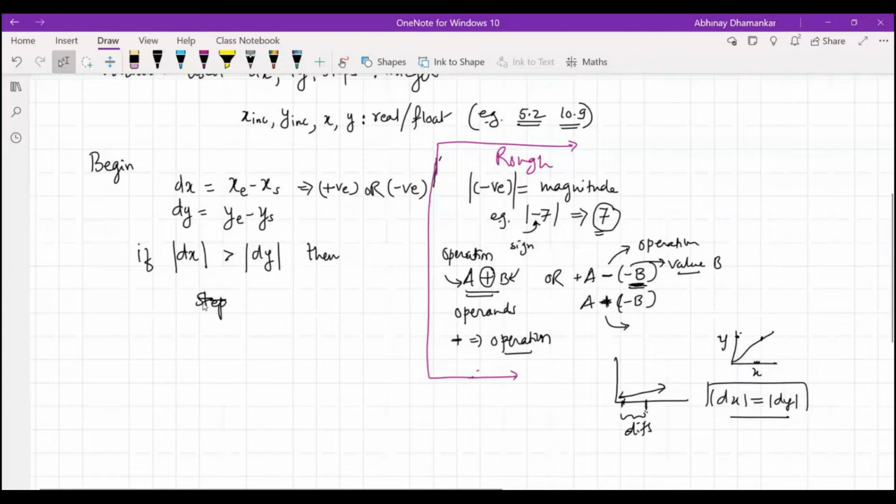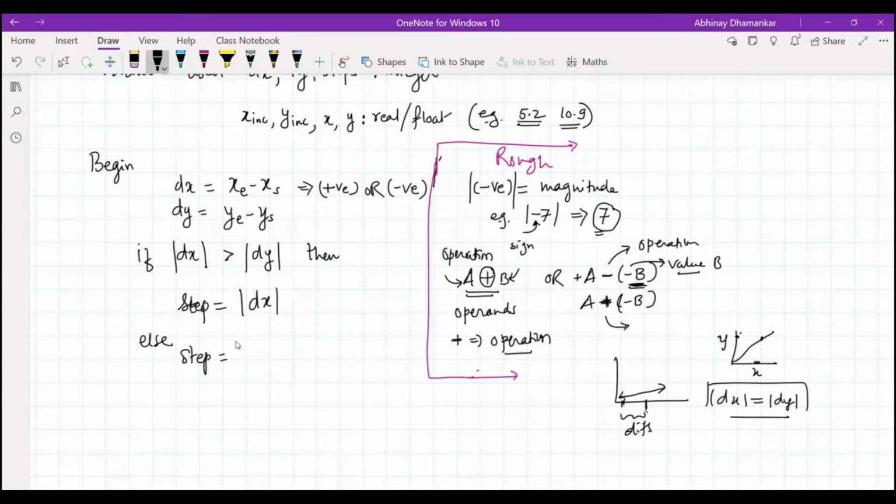Let me write step equal to dx, the difference in x. So that will be added afterwards. Okay, step value, or else the step value will be dy.